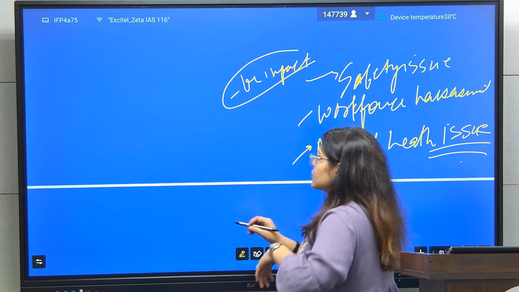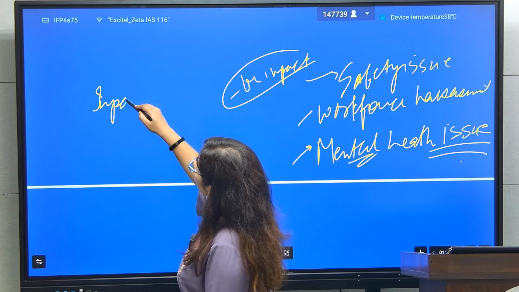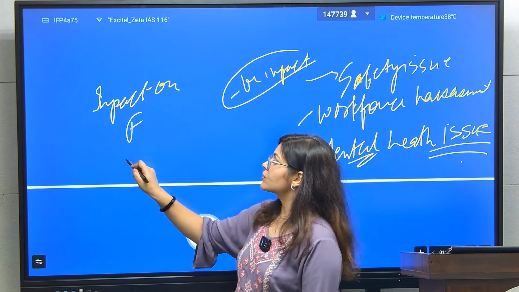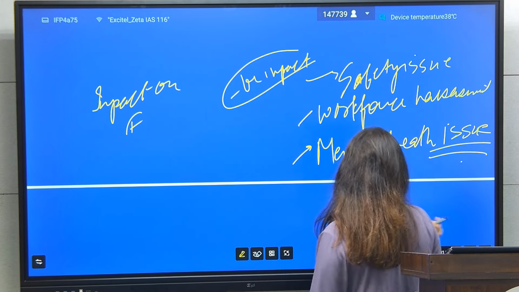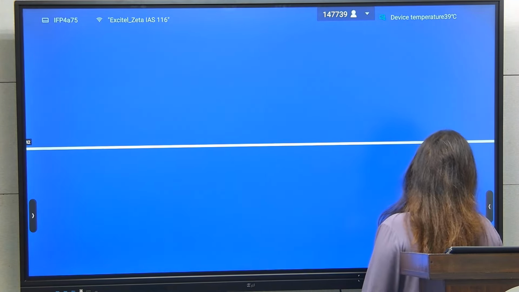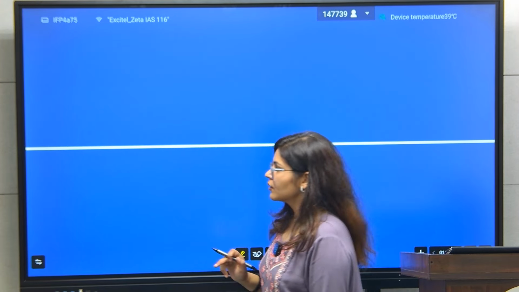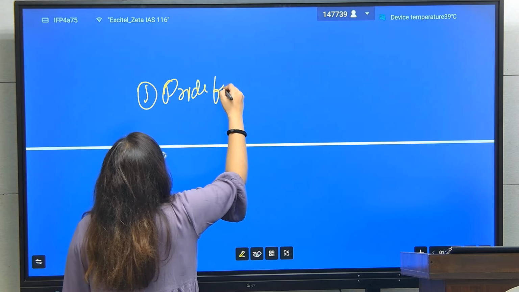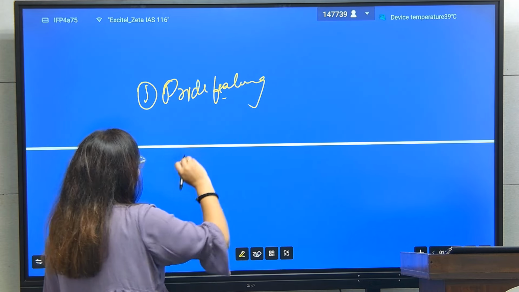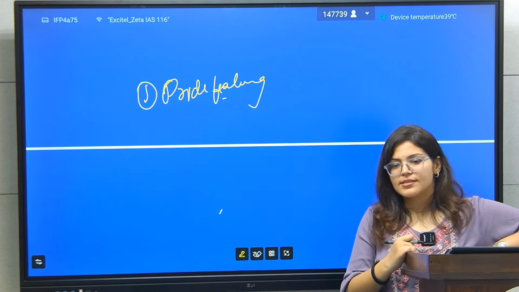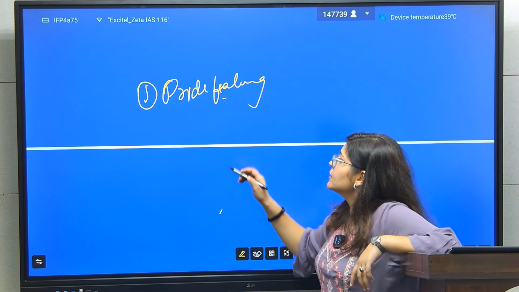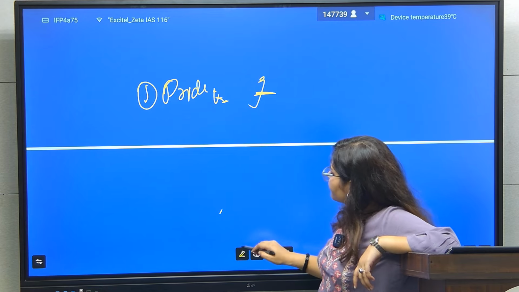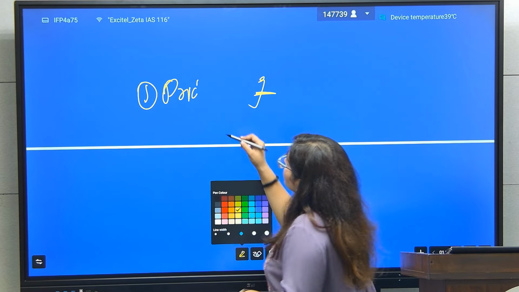Now the impact on relationship with the family. So what are the positive impacts? Think about the positive impact of this migration on relationship with family. First is pride feeling. When the daughter is more successful, more financially independent, there is pride feeling for parents.